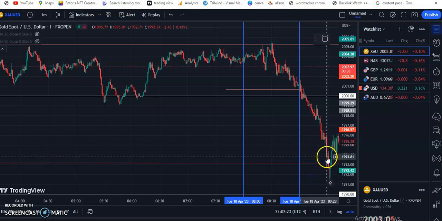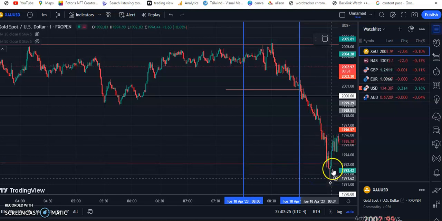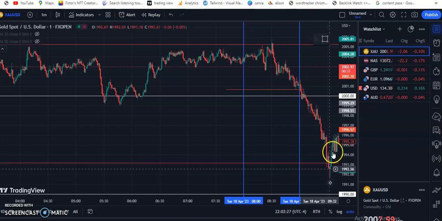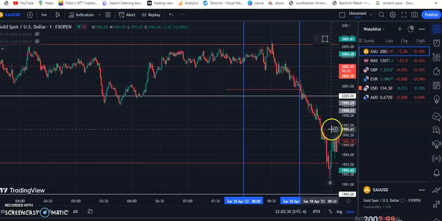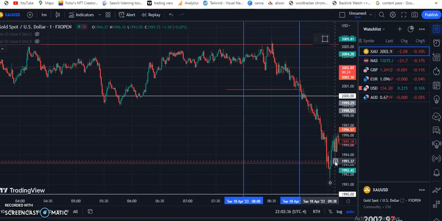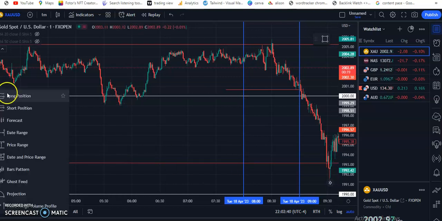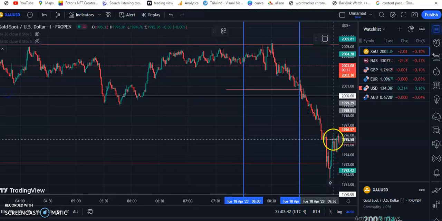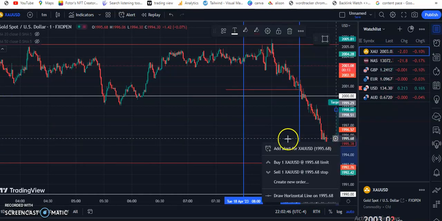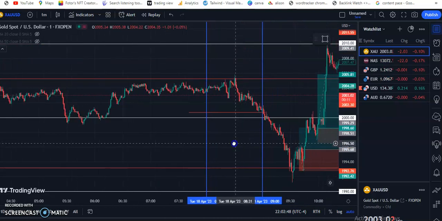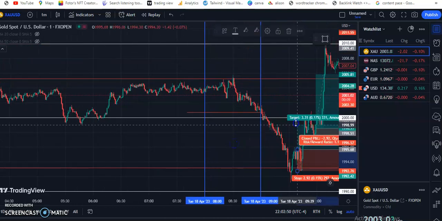Then we have our W pattern. Then a retest, and then this engulfment at 9:38. Go look at your charts. 9:38. That is the entry. Where is your target? Your target is here.